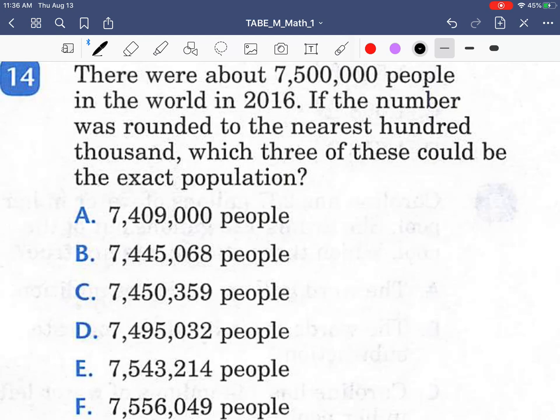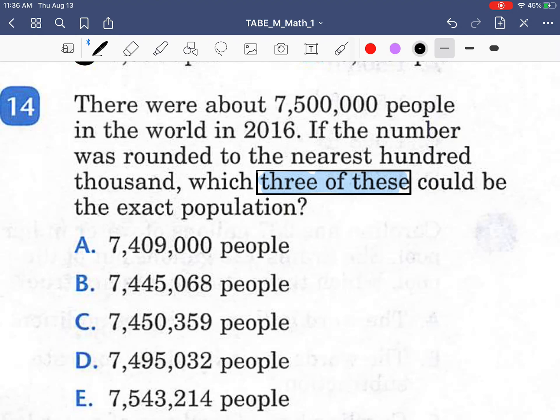If the number was rounded to the nearest 100,000, oh, here's the thing. Which 3 of these could be the exact population? Here's why I have a star around this one. Because this time we're going to have 3 answers. Again, I think that's supposed to be 7 billion people.